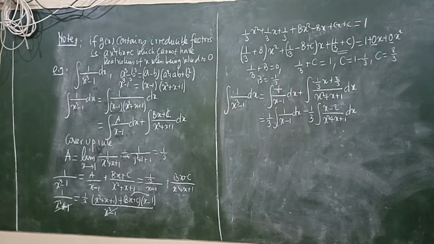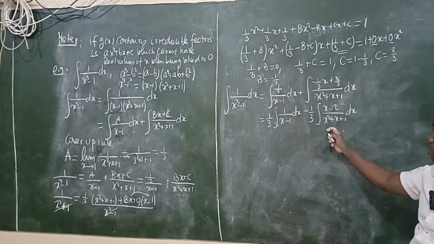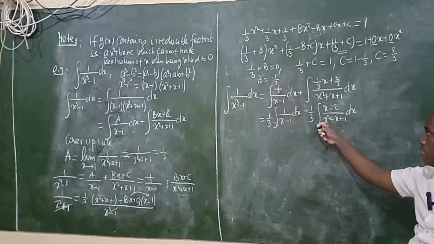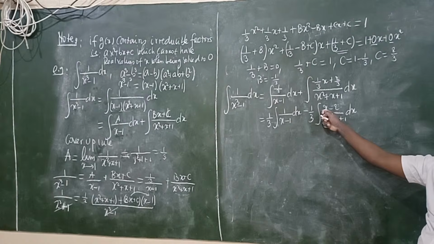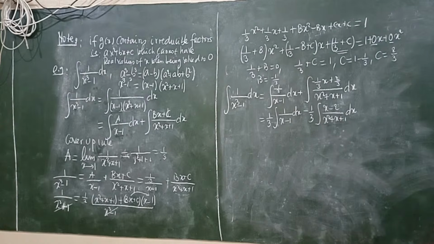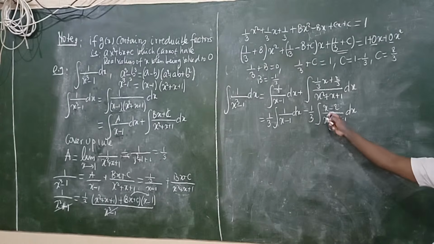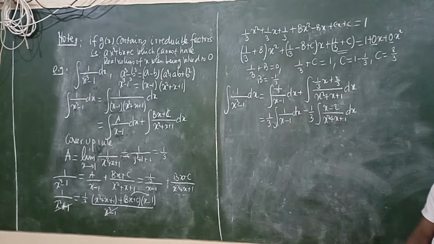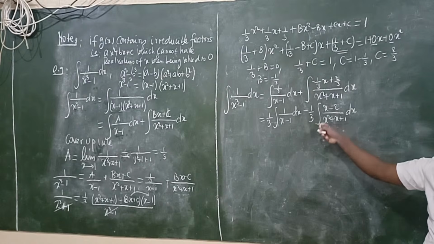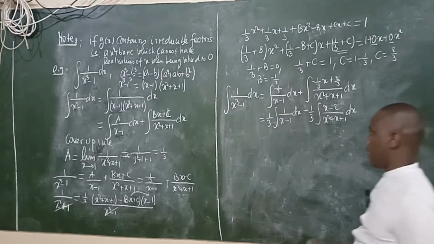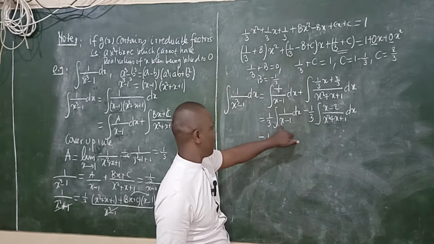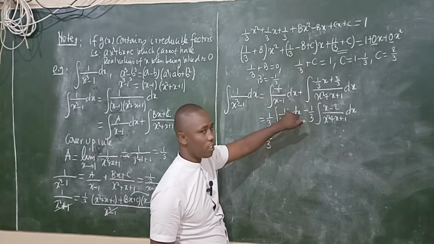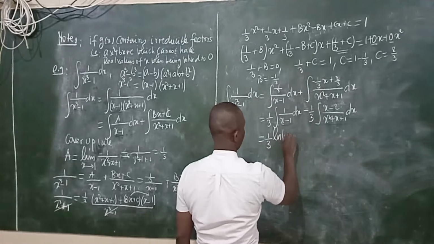The technique that is going to be used here: you see the derivative of this denominator will be 2x plus 1, while above on numerator we have only x minus 2. What we need to do is to multiply 2 on both numerator and denominator. Here is 1 over 3. Since the derivative of this stuff gives this, this must be the natural log of x minus 1.